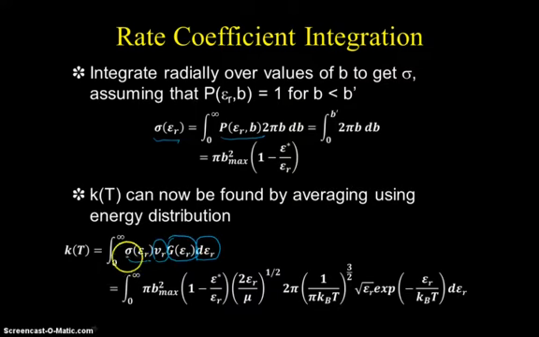And this sigma term is given here, so it's what's written above. So we've got b max squared times 1 minus epsilon star over epsilon r. The relative velocity is given by this function, and we express it in terms of the relative energy, because that's what's of interest to us. And then this last set of terms is the probability density.